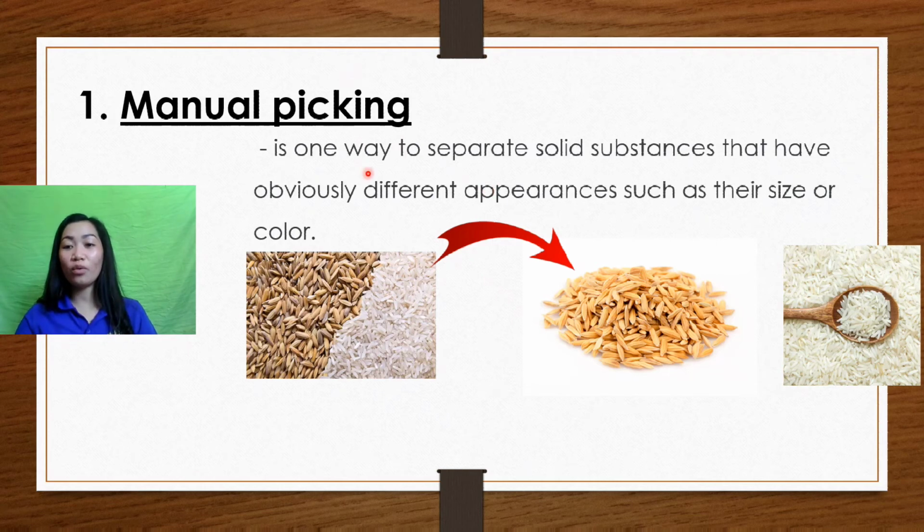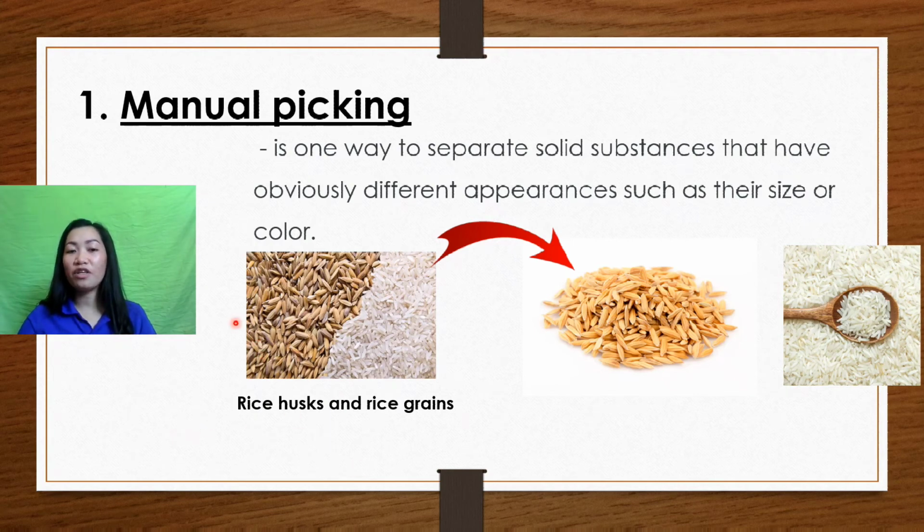Manual picking is one way to separate solid substances that have obviously different appearance, such as their sizes or their color. As you can see here, we have the rice husk and the rice grains. If these two substances were mixed together, you can easily segregate one substance from the other.